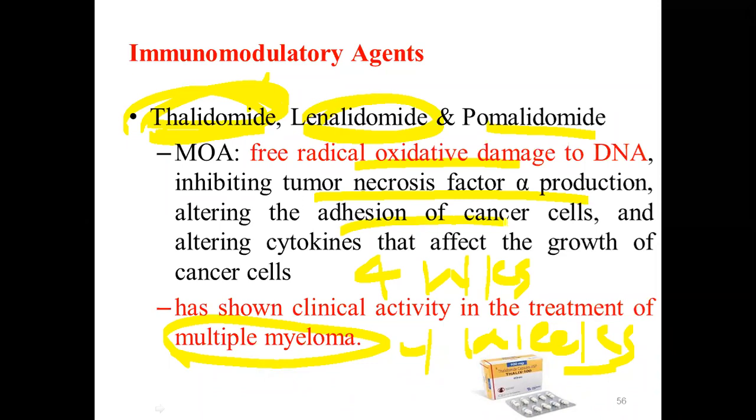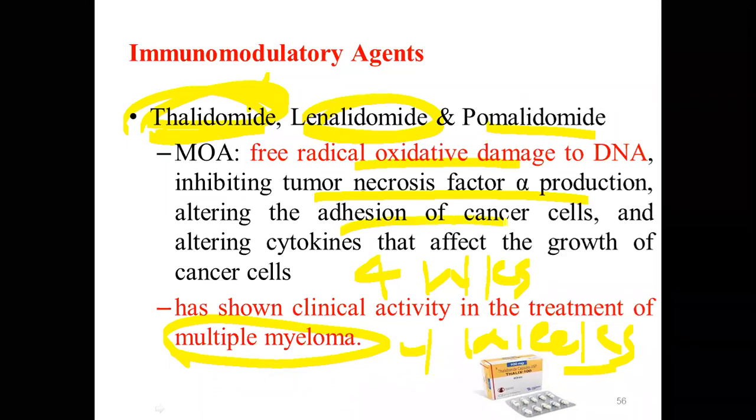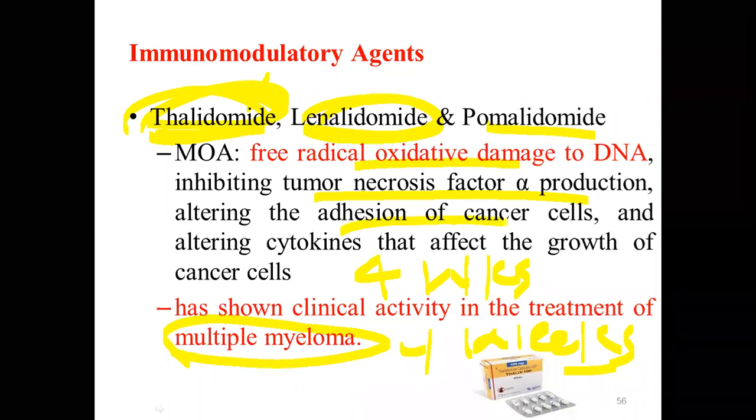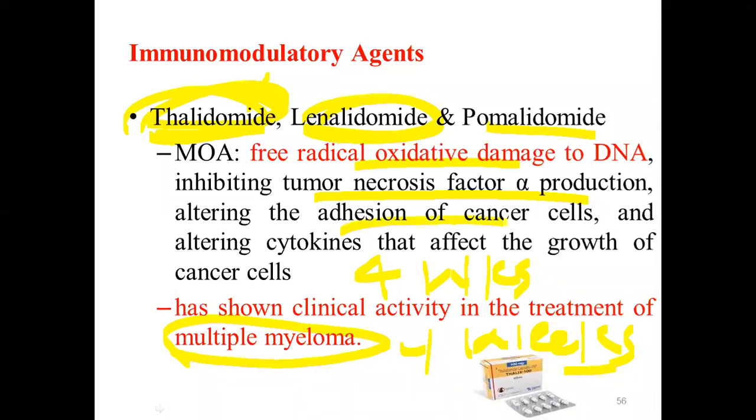So we call them immunomodulatory agents because they work to modulate immune factors, like tumor necrosis factor, adhesion of the cancer cell, as well as cytokine level. In such a way, it can be used in management of cancer.